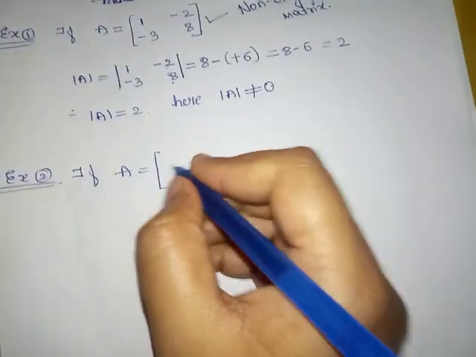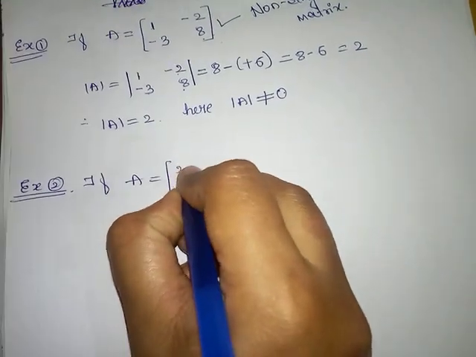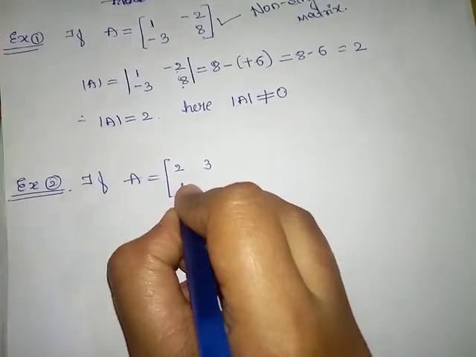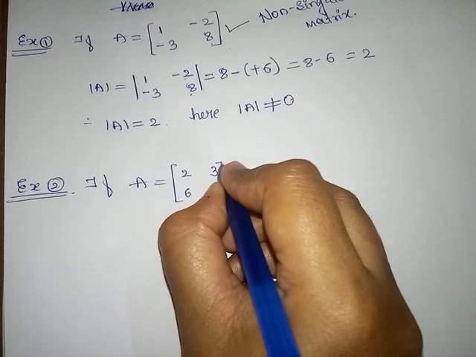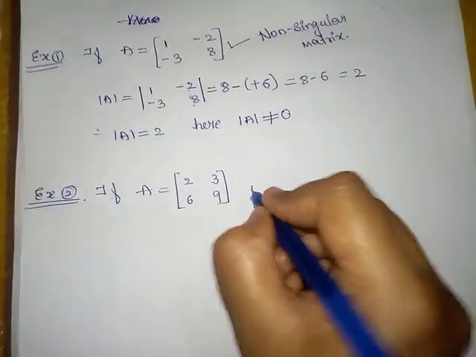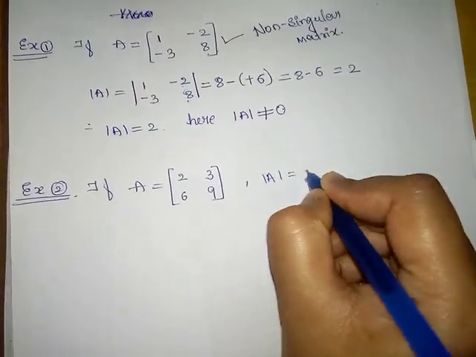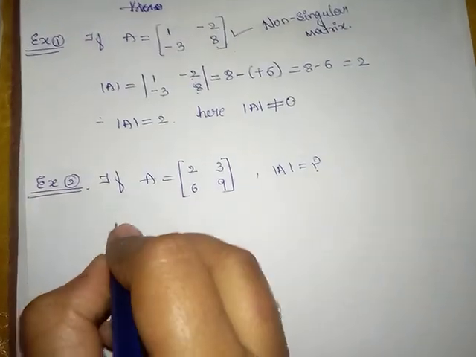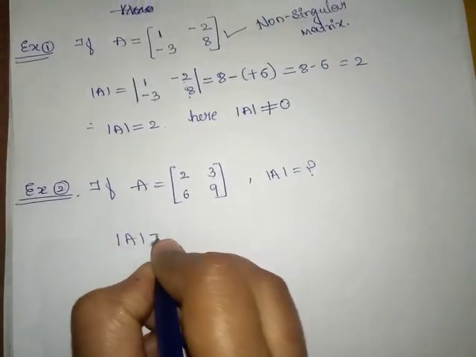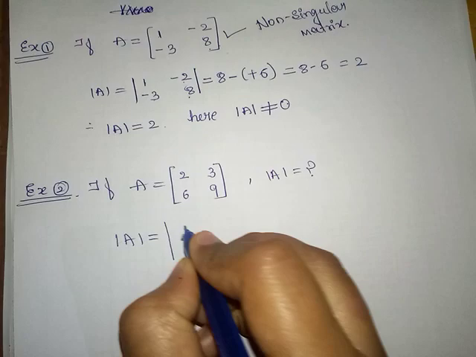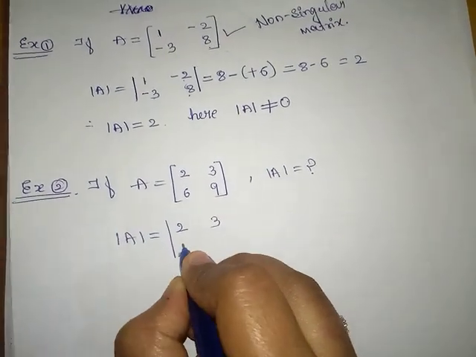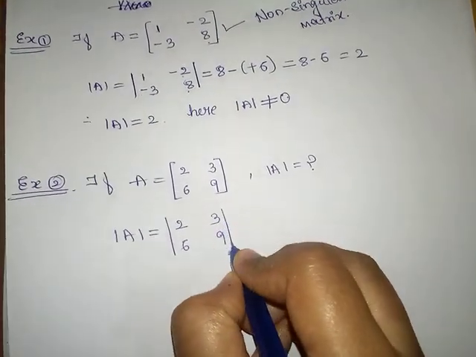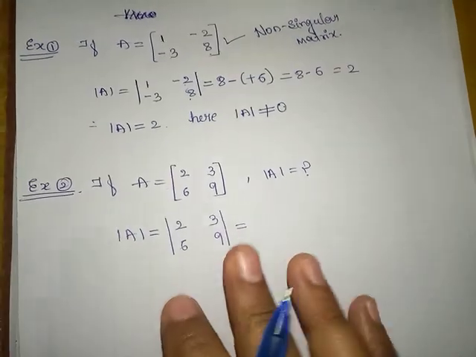Now consider A is equal to [2, 3; 6, 9]. We have to find the determinant. Determinant of A is equal to determinant of [2, 3; 6, 9]. We know the procedure.